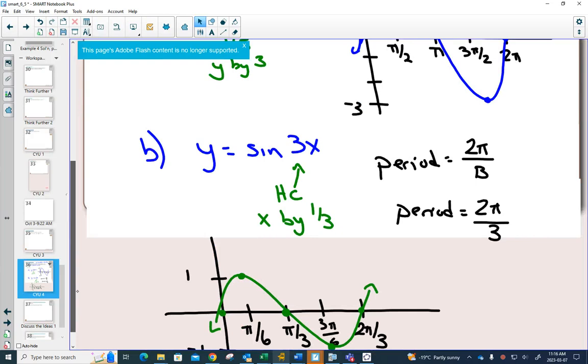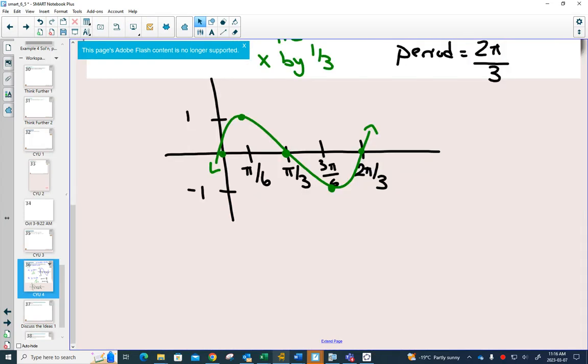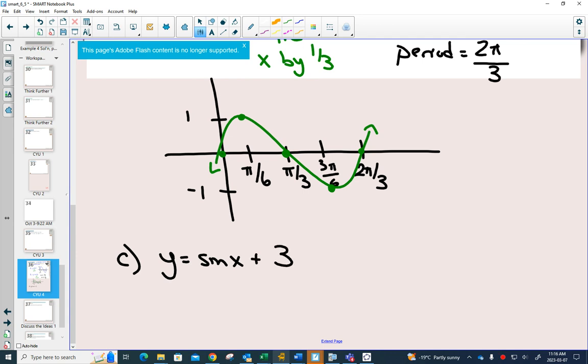So for C, we have y equals sine x plus 3. This 3 is going to be a vertical translation up 3 units. So I'm going to start, just because we haven't graphed it yet, always have in your mind your regular sine graph.